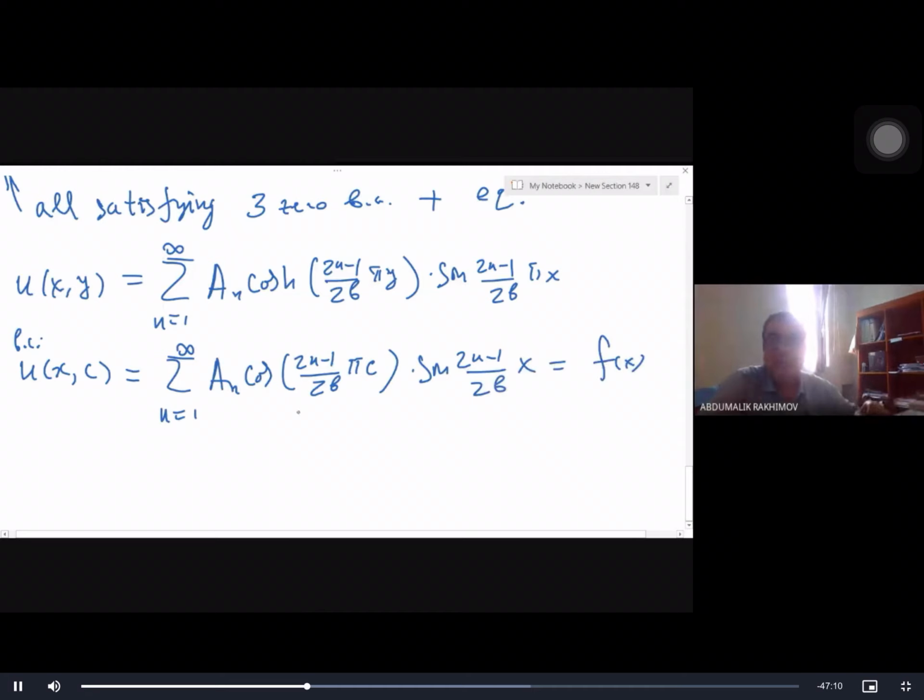So this is a Fourier series, and this is the coefficient, this is a number, cosh.